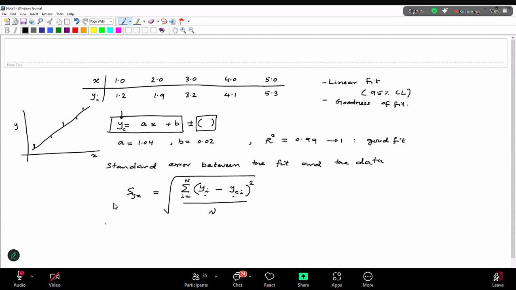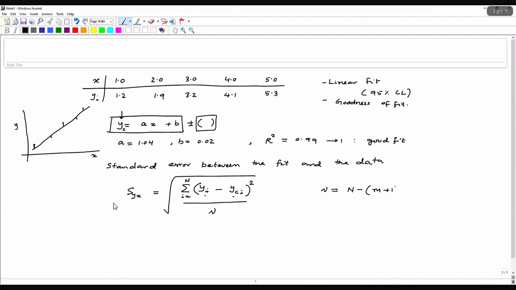Okay. Now, what is degree of freedom in this case? When we find the standard deviation for a small data set, we said that degree of freedom is just simply n minus 1. But in this case, the degree of freedom is taken as the number of data points minus m plus 1.